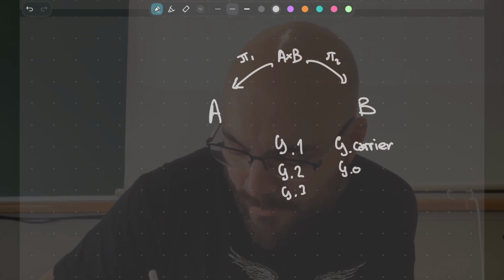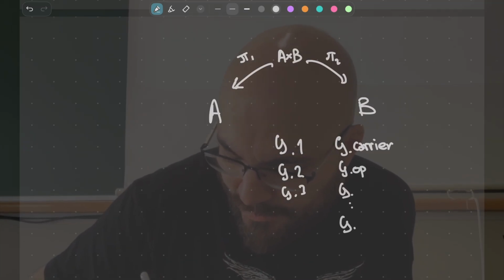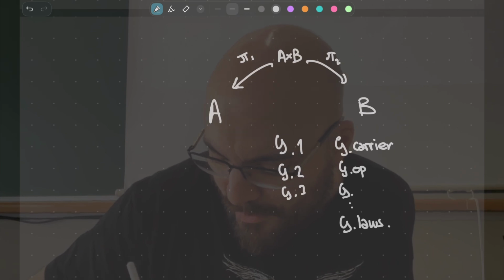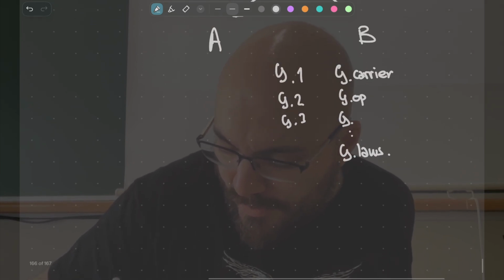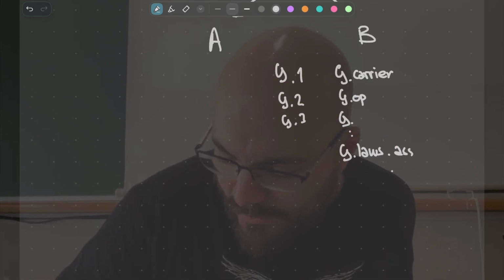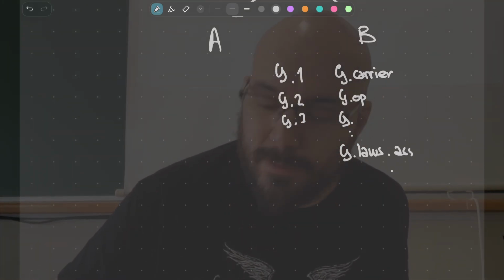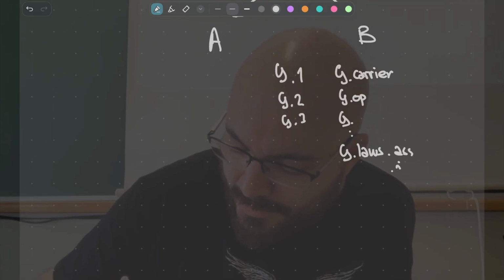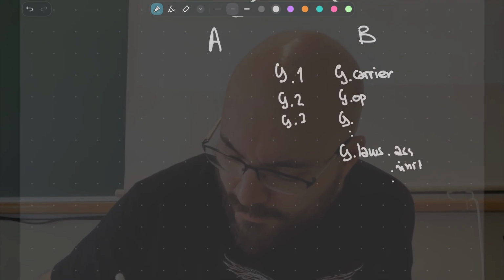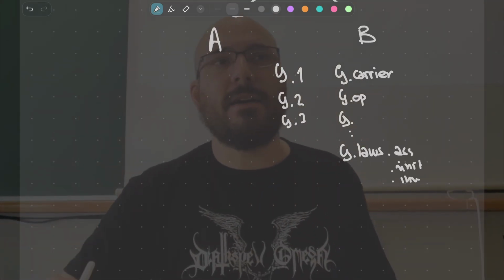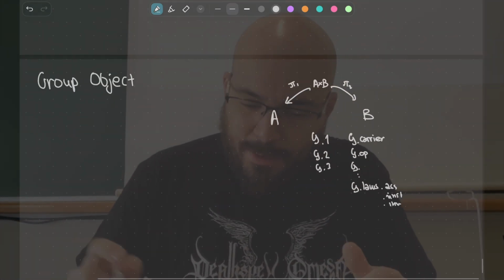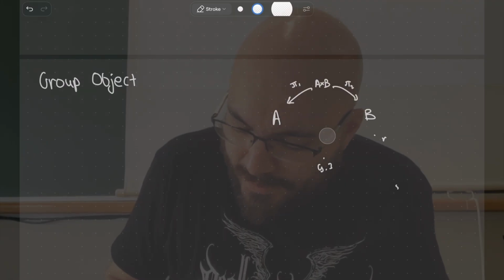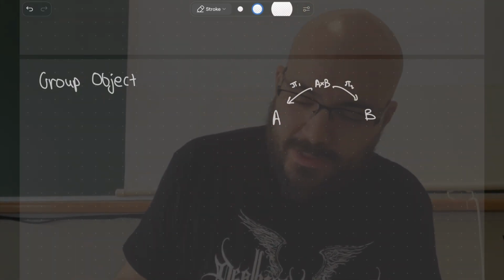So this would be the op, and maybe somewhere down here I have something called laws, and maybe this one has three things, like the associativity and the identity laws, or the unit, maybe it's a better name, unit, and the inverses, etc. Okay, so names matter, and even though we have this uniqueness, it makes sense to pick your favorite names.